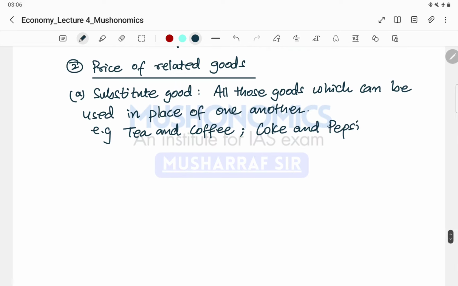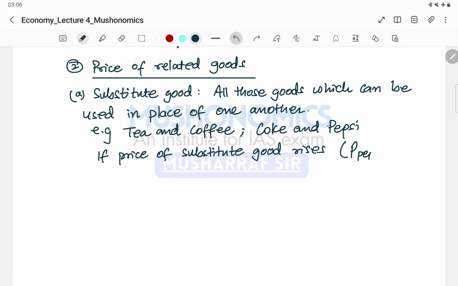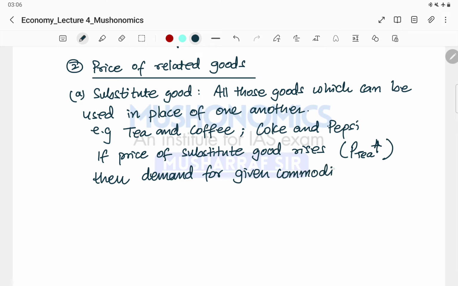For example, if the price of a substitute good rises, for example, the price of Pepsi, or the price of tea rises, then the demand for the given commodity, here, if the substitute good is tea, then the given commodity will be what?